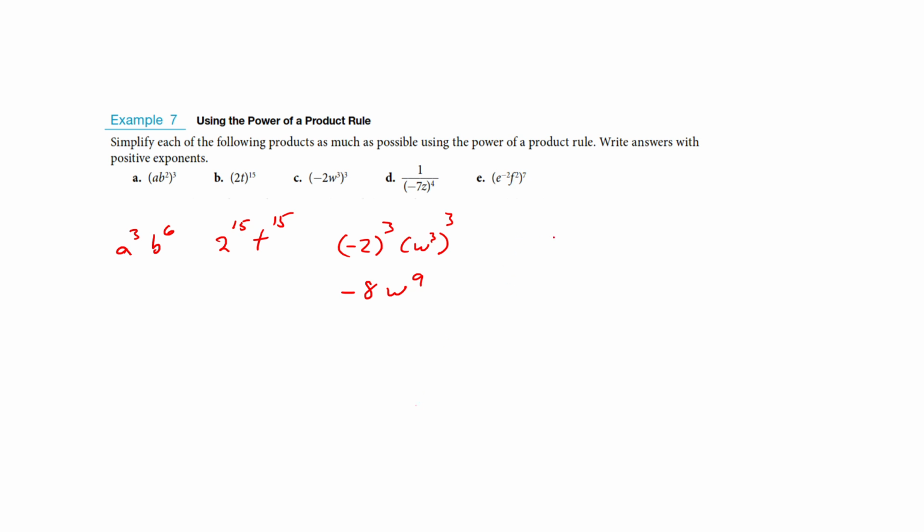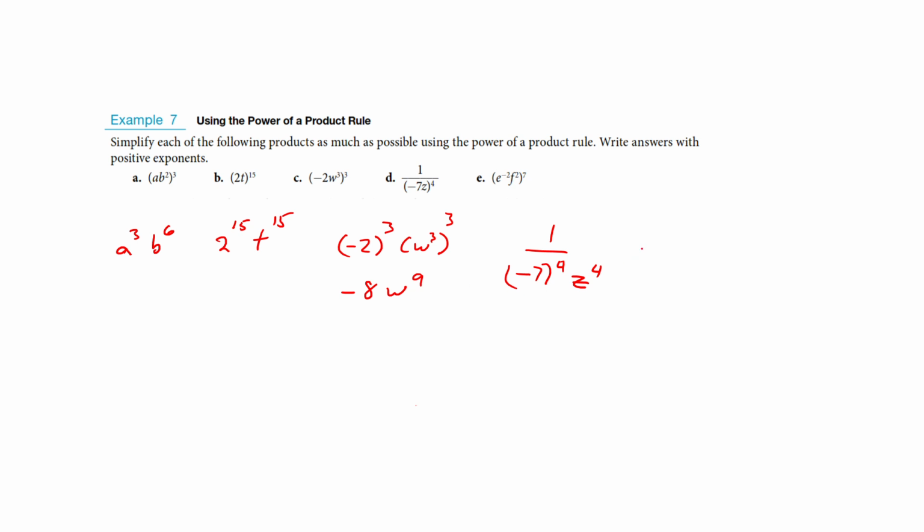Okay, I wasn't sure what was happening with d, but it would be like this. We're giving the negative 7 to the 4th, and the z gets it as well. Now this is a big number. We could find that, but I don't like leaving that as is.